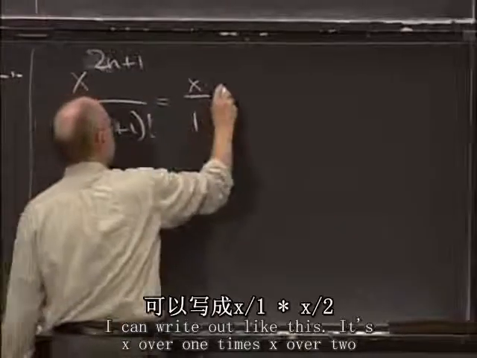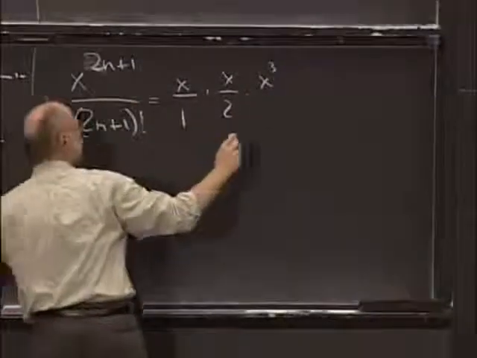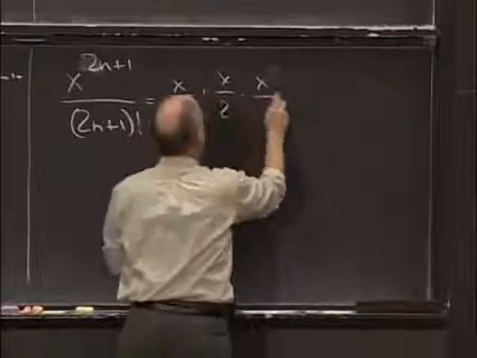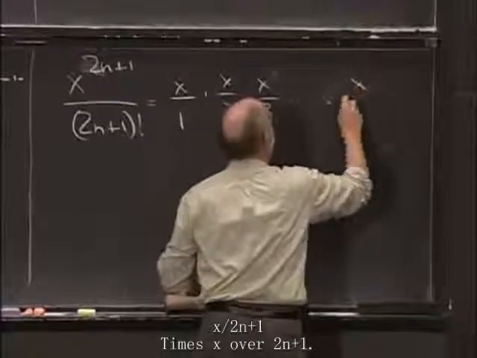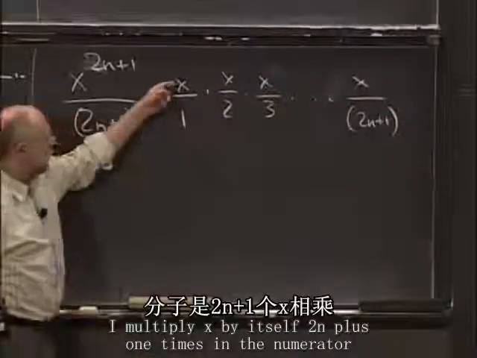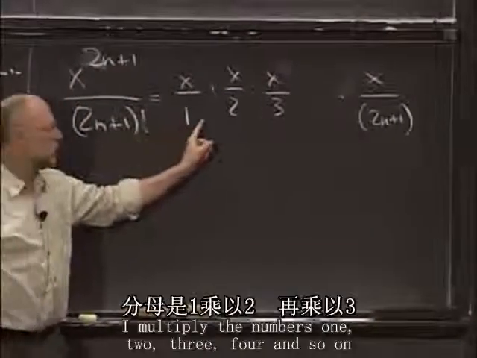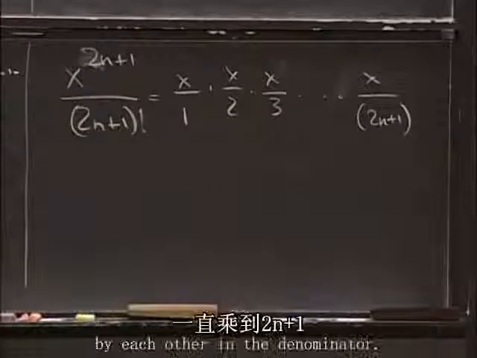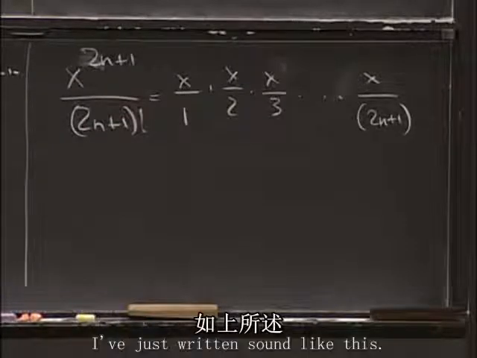It's x over 1 times x over 2 times x over 3 times ... times x over 2n plus 1. I've multiplied x by itself 2n plus 1 times in the numerator, and I've multiplied the numbers 1, 2, 3, 4, and so on by each other in the denominator, and that gives me the factorial. So I've just written this out like this.